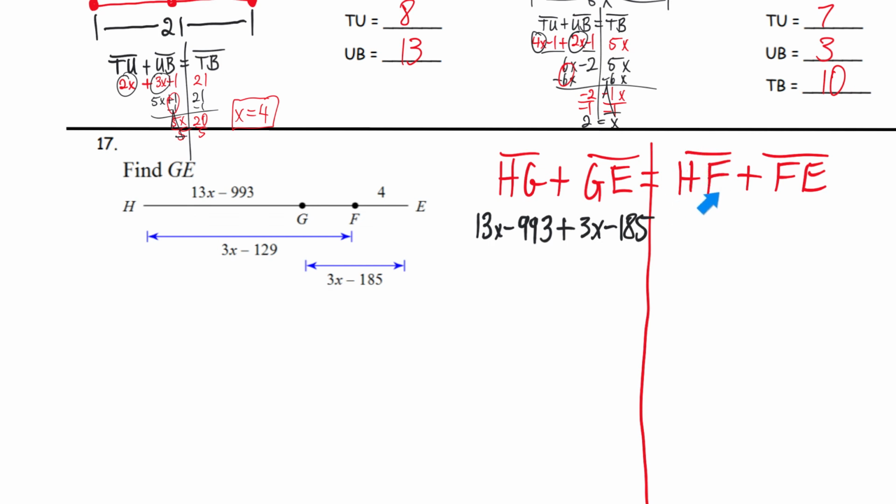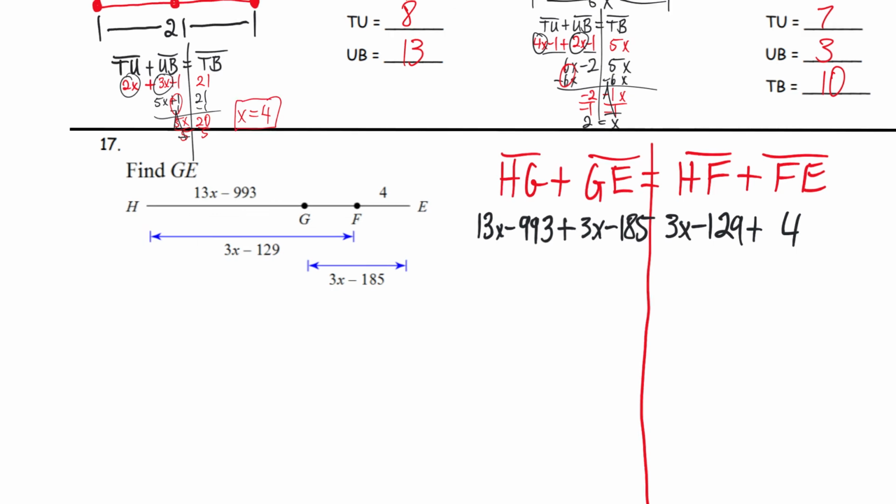Now HF, right here, is 3x minus 129, plus the length of FE, which is 4. The rest of those are crazy, and that one's 4. Anyways, that gets that set up for us. Now we have to do a little bit of algebra to find the value of x.